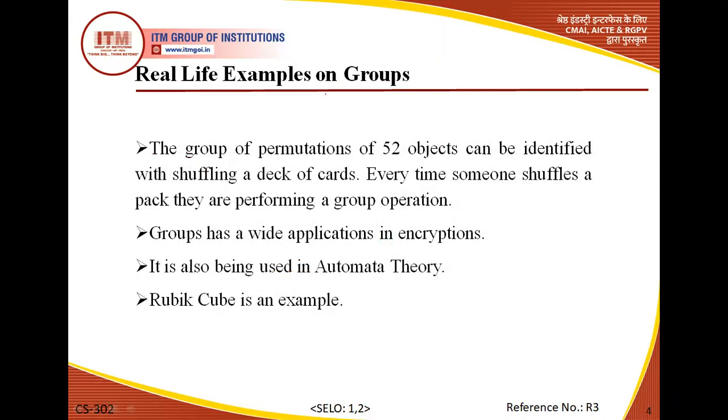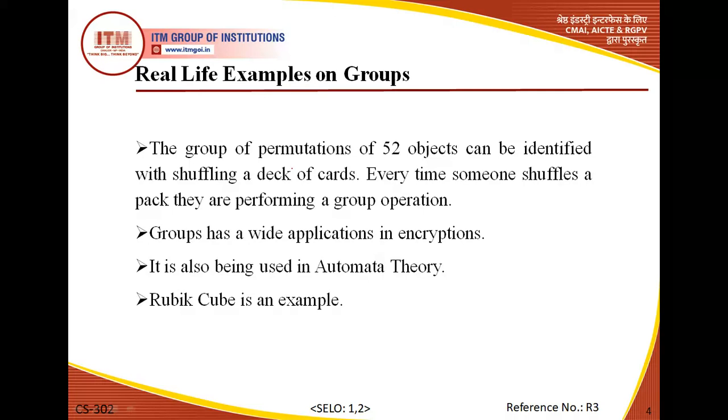The main topic that we are leading towards is groups. So let's see certain examples of groups over here. For the first example, the group of permutations of 52 objects can be identified with the shuffling of a deck of cards. Every time someone shuffles a pack of cards, they are performing a group operation.